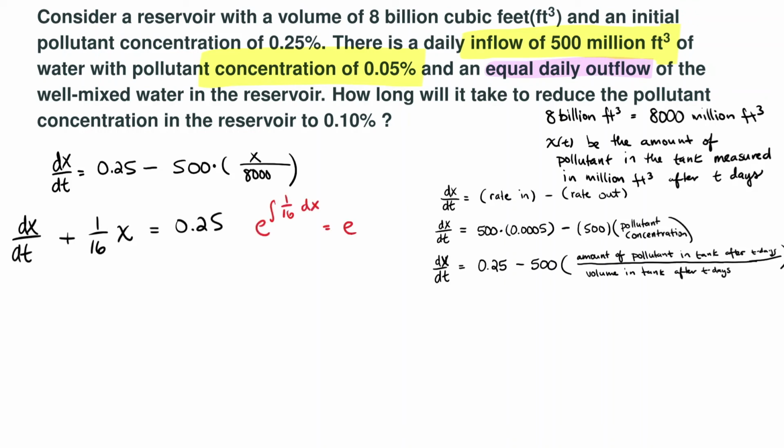Our integrating factor is e to the 1/16 x. And out of habit, I wrote x, but of course our input variable is t, so this should be e to the 1/16 t, because we calculate our integrating factor in terms of the independent variable. Multiply that by both sides of the equation.